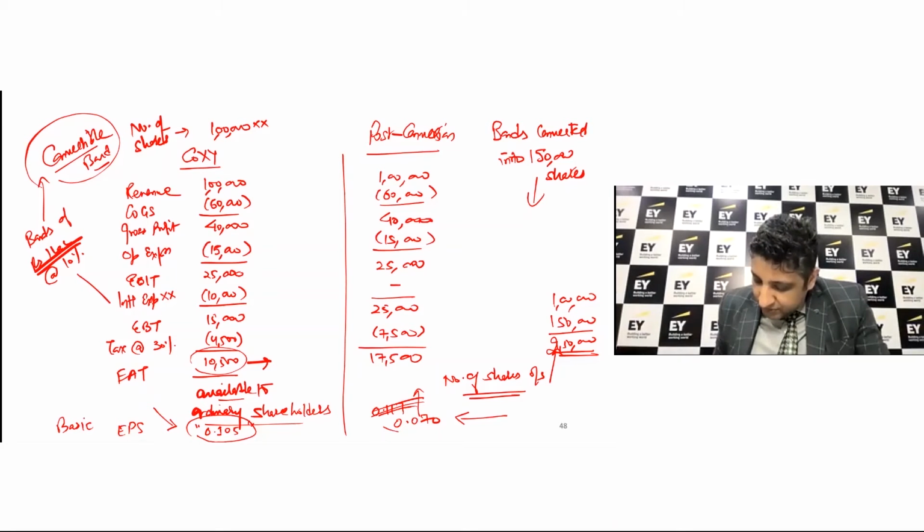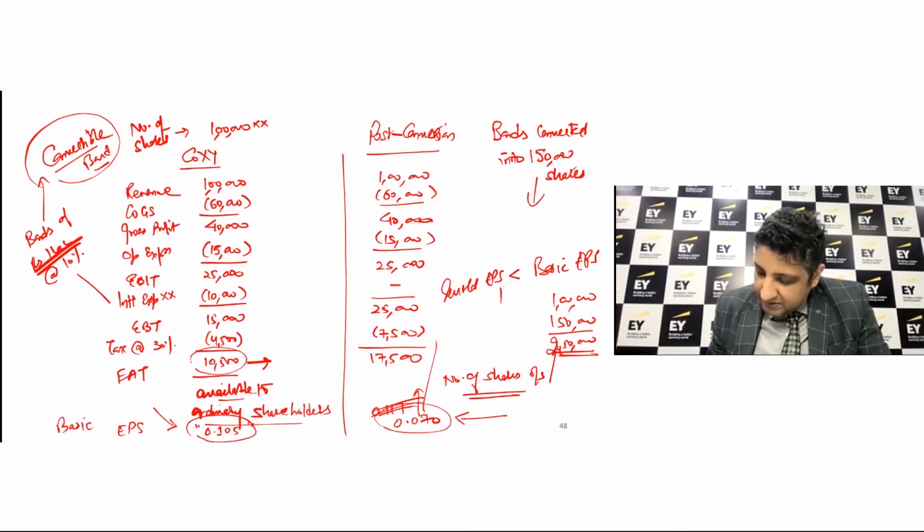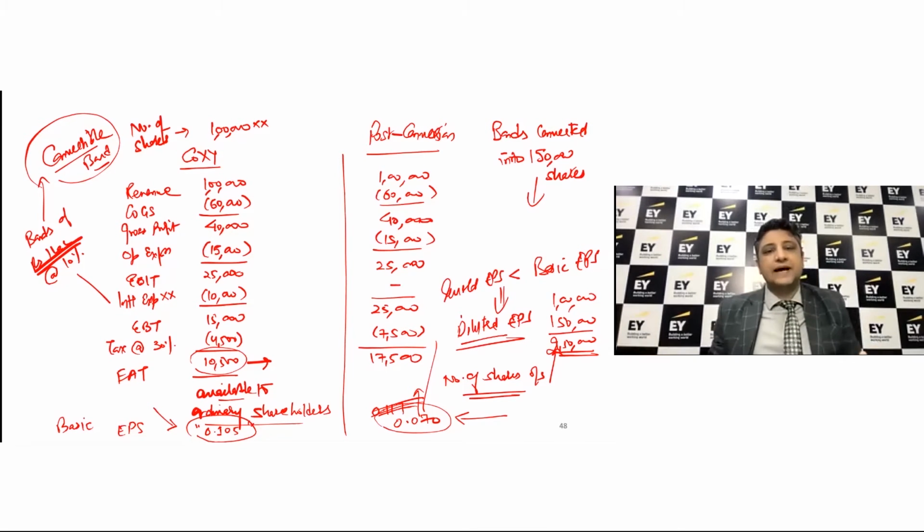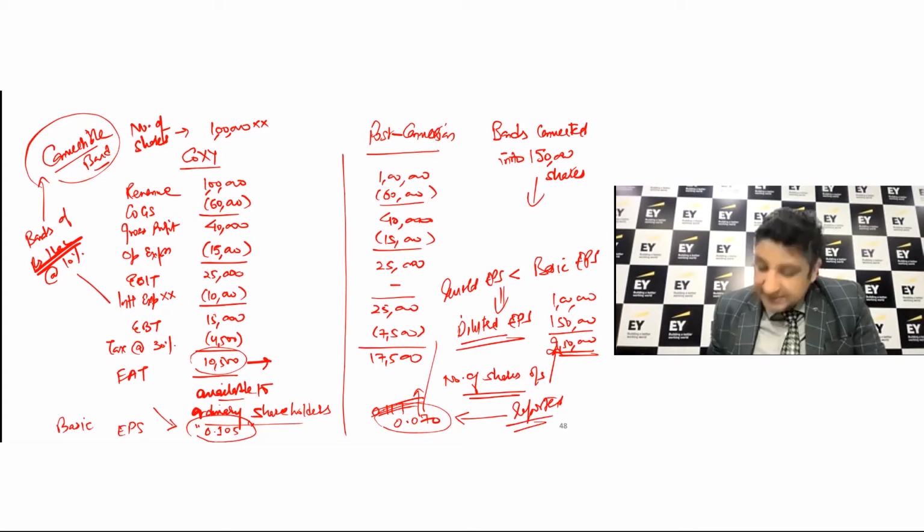If this revised EPS is less than the original basic EPS, we refer to it as a diluted EPS. We say that there is a dilution in the current earnings per share, and that needs to be reported separately.